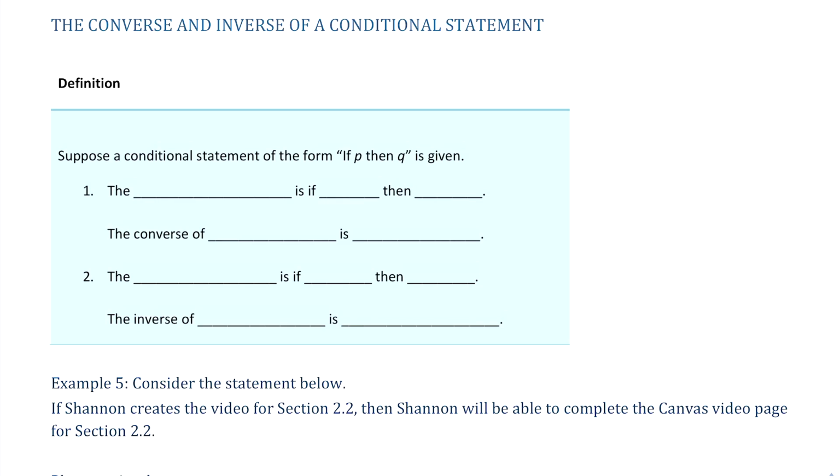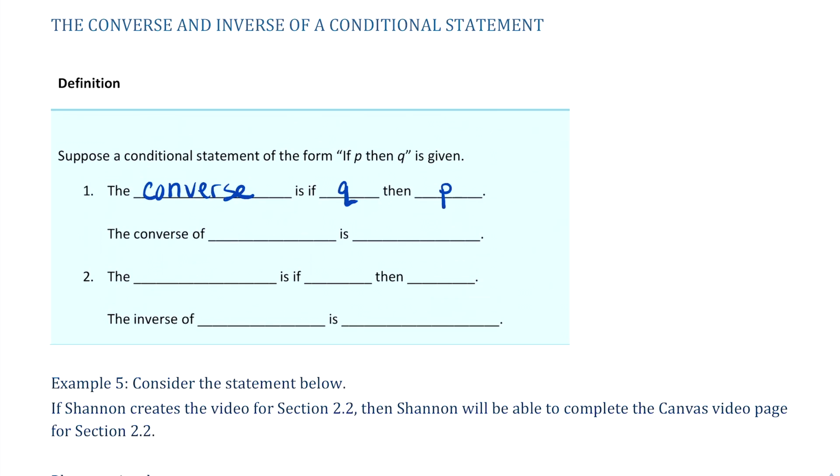Next up, the converse and inverse of a conditional statement. So the converse is, suppose we have a conditional statement of the form if P then Q. The converse is if Q then P. We talked about that a little earlier, right?